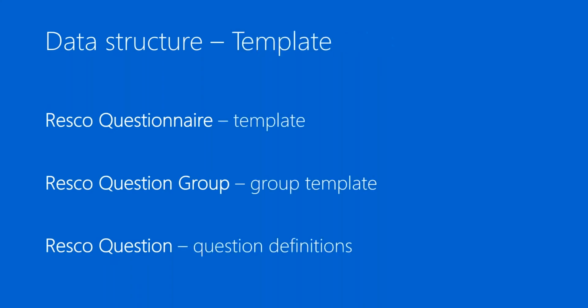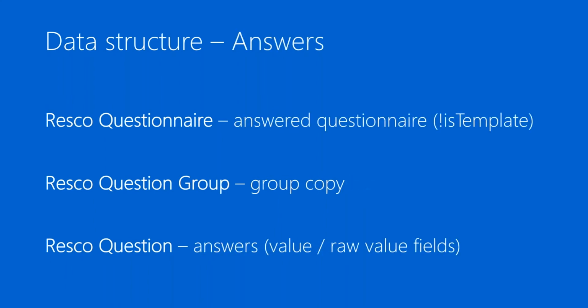If you create a template, then the questionnaire would hold the template information, like the name of the template and description. The group would contain the information about the group, like how many times it is repeated and so on. And the question would contain the question definition, like the type of the question, the text of the question, possible answers, and so on.